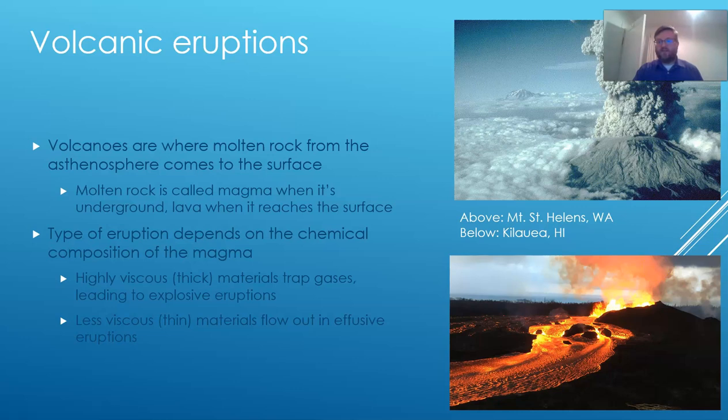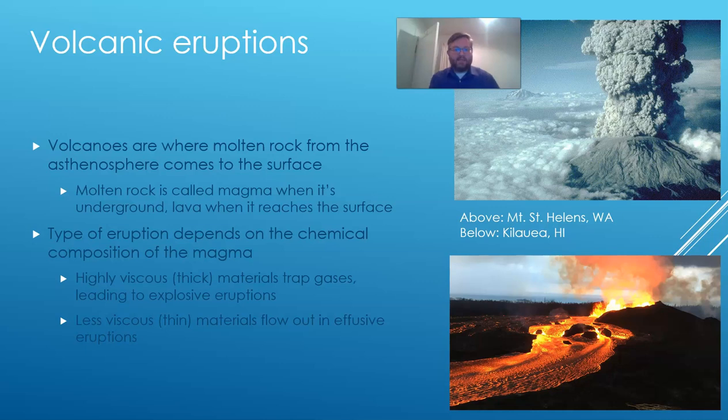That's Mount St. Helens in Washington State, erupting back in 1980, one of the most famous volcanic eruptions within the United States. And you'll see what's happening there is a gigantic cloud of ash just blasting upwards into the atmosphere from that volcano. So it's a very explosive eruption.